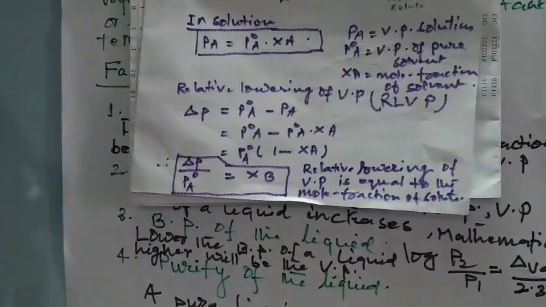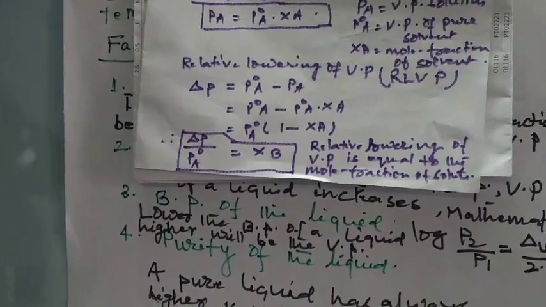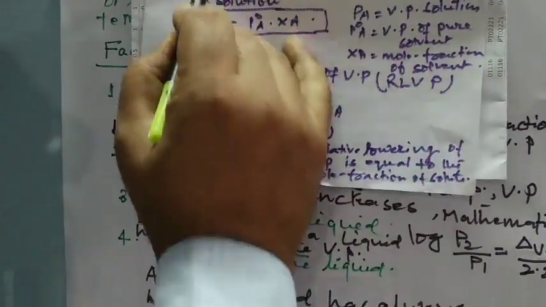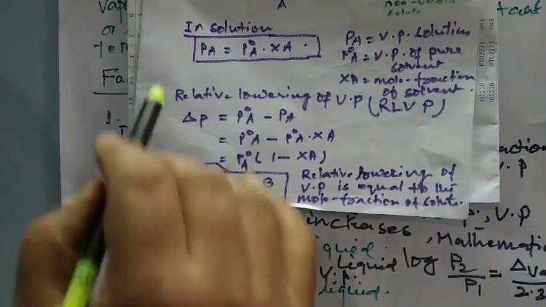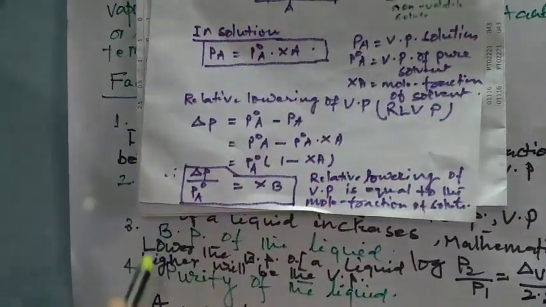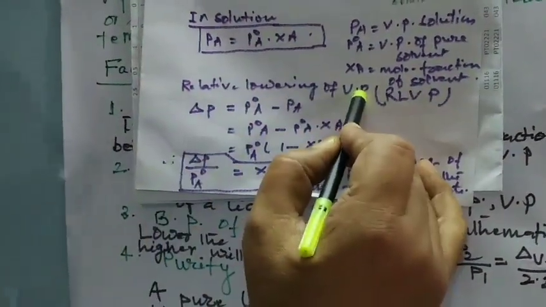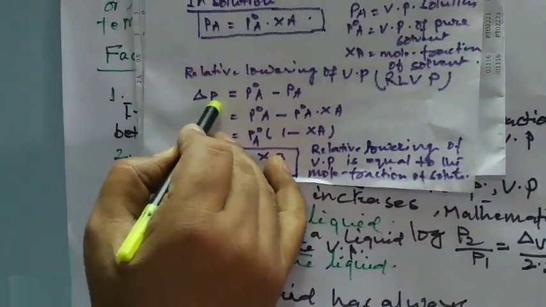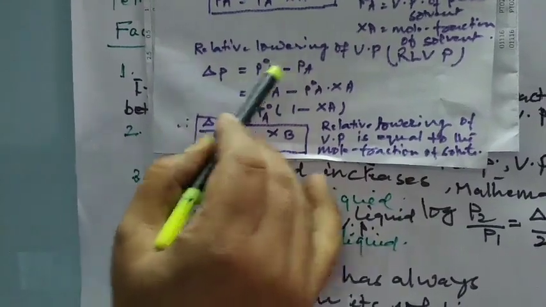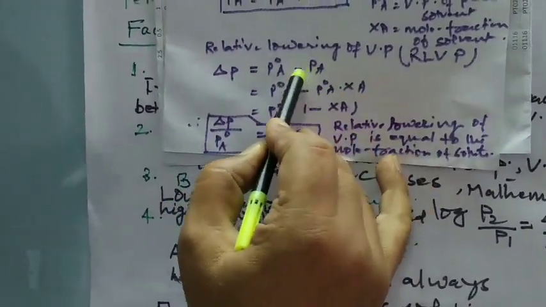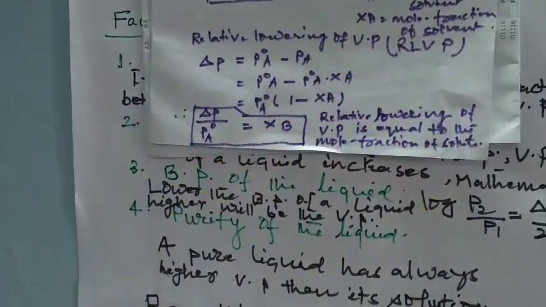The vapor pressure of the pure liquid A is P naught A, and the vapor pressure of the solution is PA. So what will be the lowering of vapor pressure? It is P naught A minus PA.